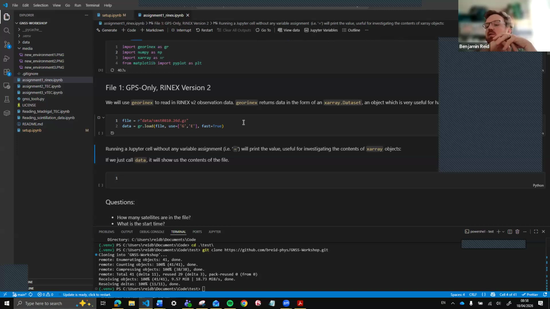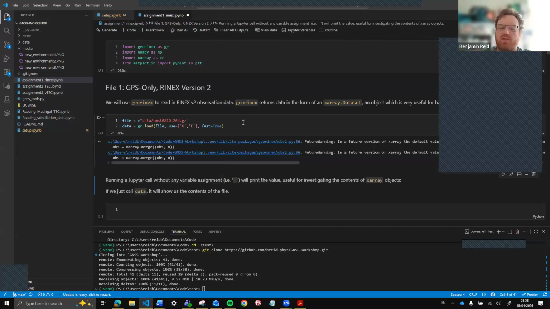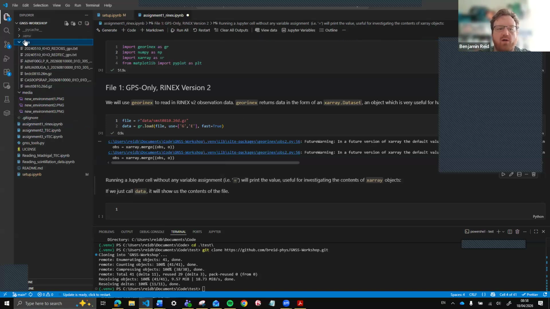All of the data for assignment one is already downloaded, but I was just showing that mostly for if people already had the notebook up and running, they could just browse through the directory and see what was there. There's a folder here called data that already has all the data that we need for the examples in it. So here we have, all right, a very old school file.